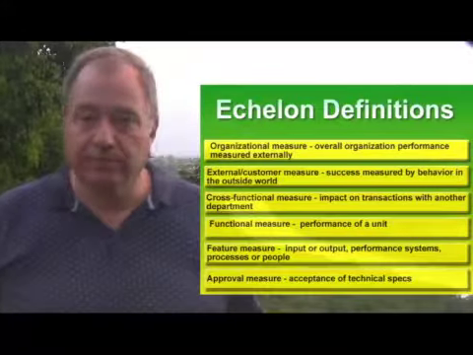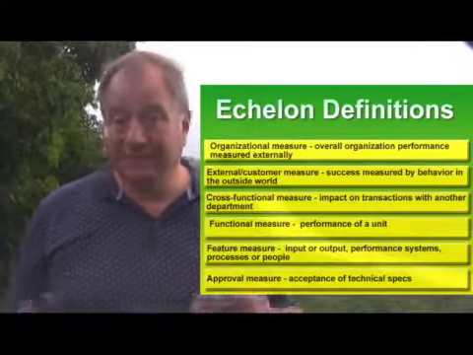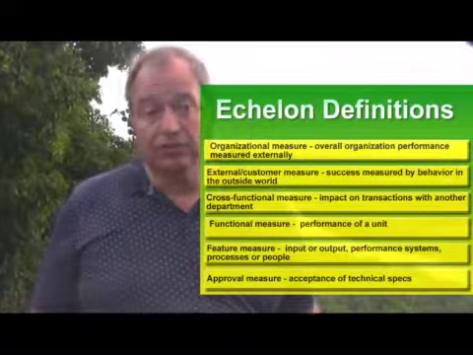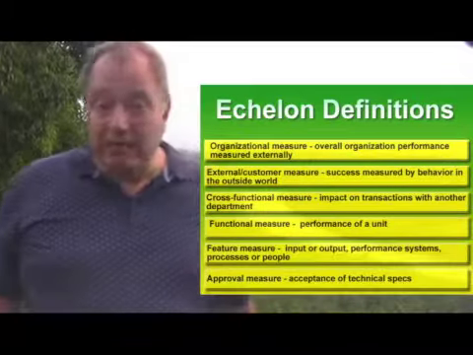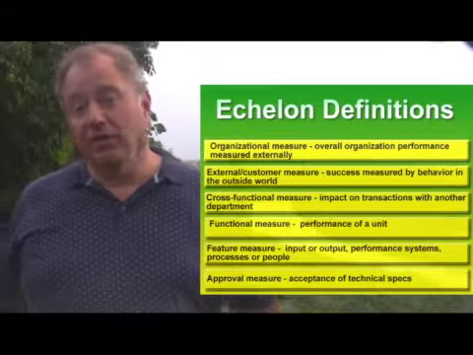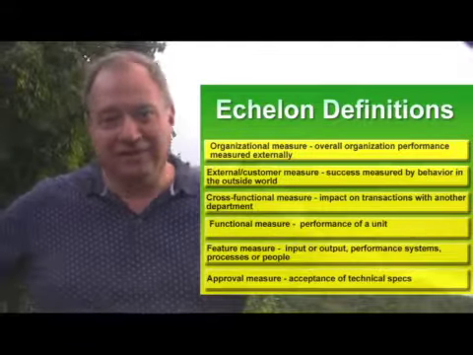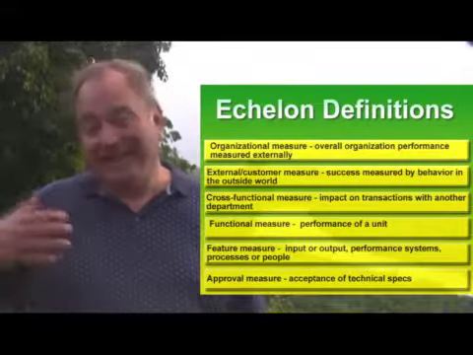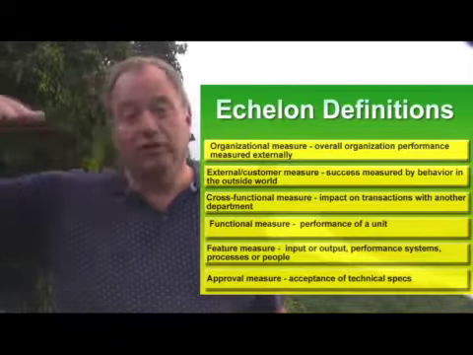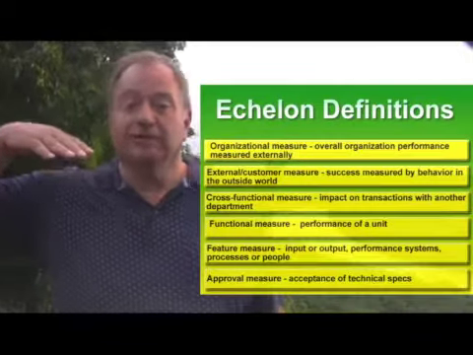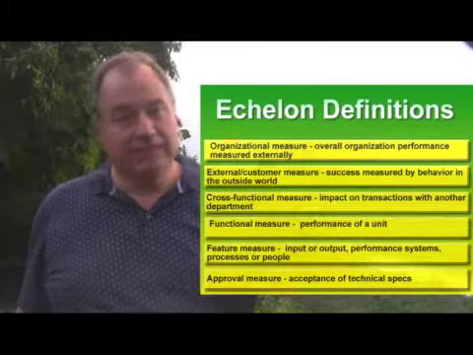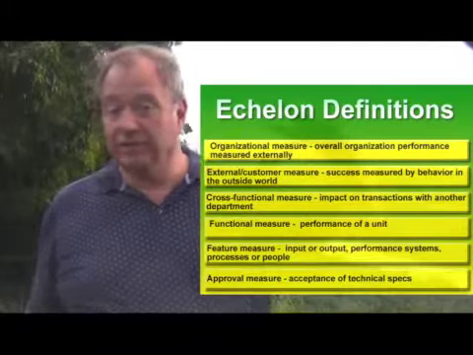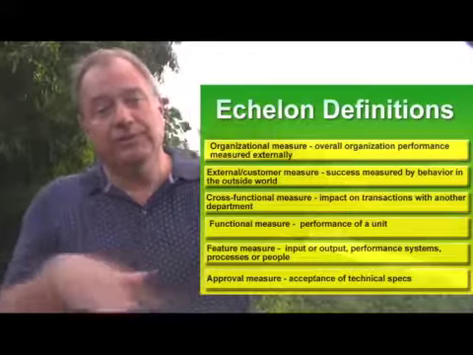When I'm in a position to discuss external customer and organizational echelon achievements with senior management, I've got a partnership position because they're willing to listen to me on those issues of organizational significance. If I can't get a meeting with the executives, if all they do is cluck and clutter around, then I know I'm not at the partnership level with them. So what kind of achievements I talk to people about is tied very closely, as you can see from the chart, to what their perception of me is.